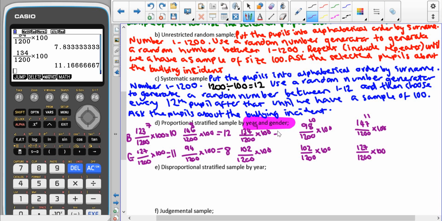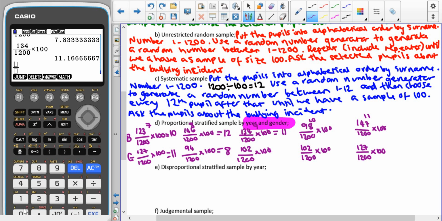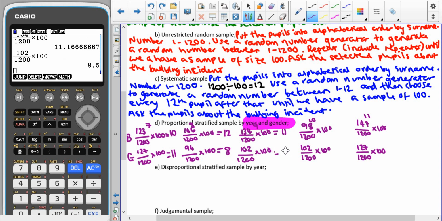So 11 year 9 boys. 102 divided by 1,200 times 100, which gives us 9 year 9 girls.